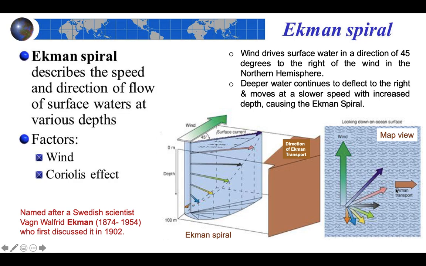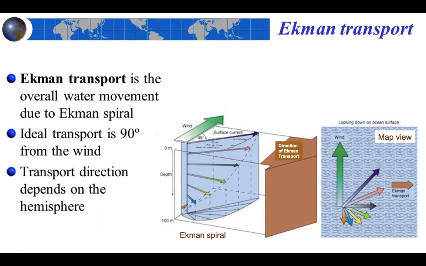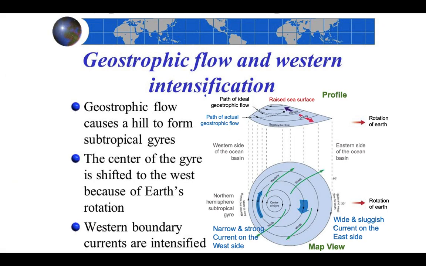And this is what we call the Ekman transport, about nearly 90 degrees to the right of the prevailing wind in the northern hemisphere. So Ekman transport is about 90-degree transport from the prevailing wind system of the surface current patterns.